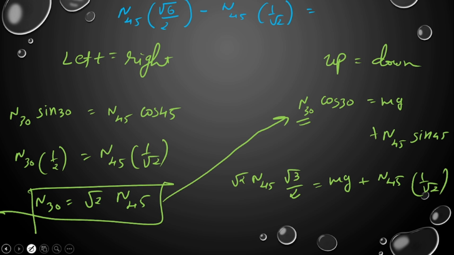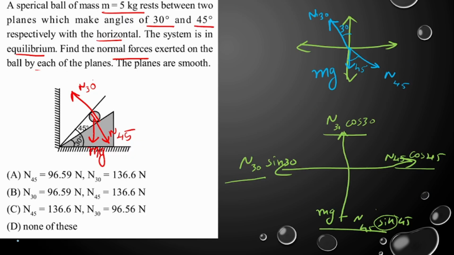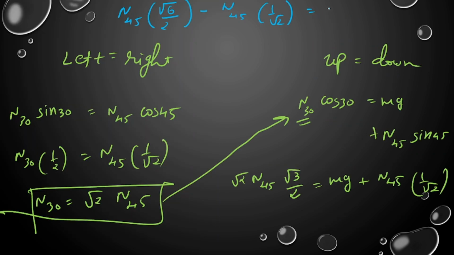The mass of the ball is 5 kg, so mg is 50. So N45 is common, 50 upon root 6 by 2 minus 1 upon root 2.